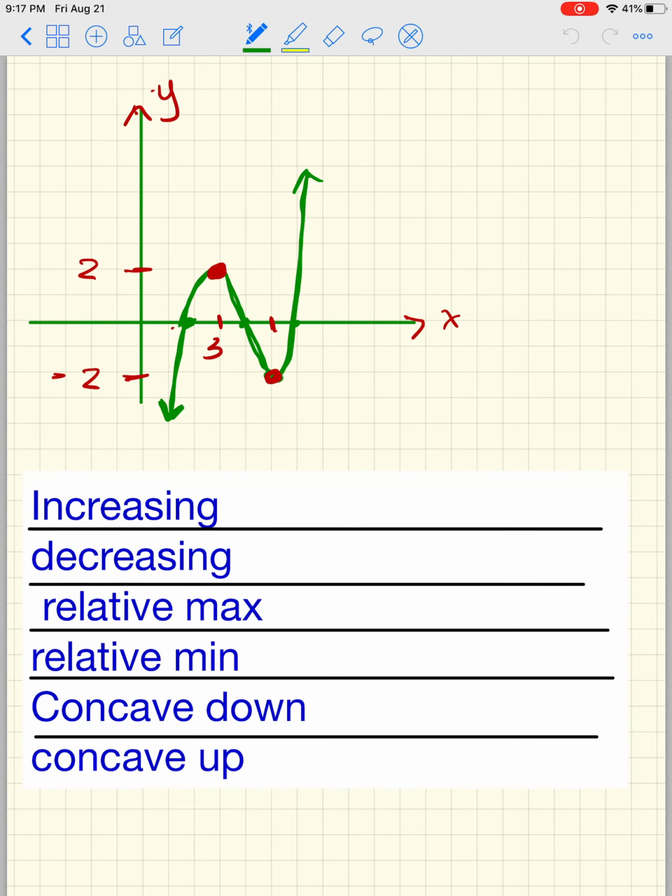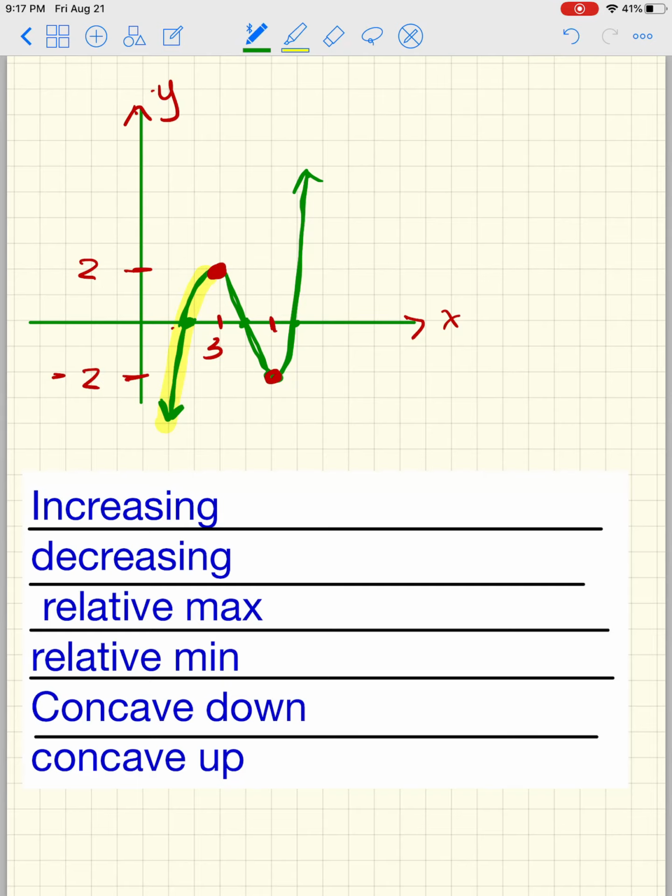Now let's take a look at this example. Can you guys pause the video and ask yourself where it's increasing, decreasing, what's the max, what's the min, if it's concave down, concave up? Okay, you guys pause the video and then unpause it and I'm back. Great. I am increasing here to here, I go up.